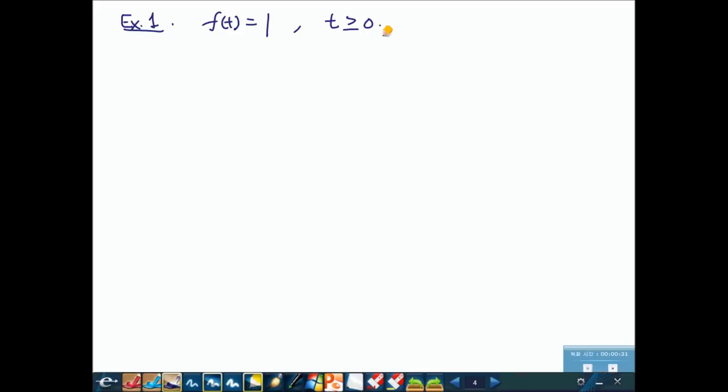All right. So let's put f into Laplace. Then that's the Laplace of 1, and from the definition, the integral from 0 to infinity of e to the minus st times 1 times dt. That's the definition.